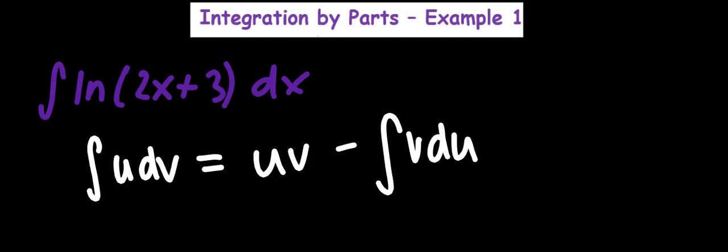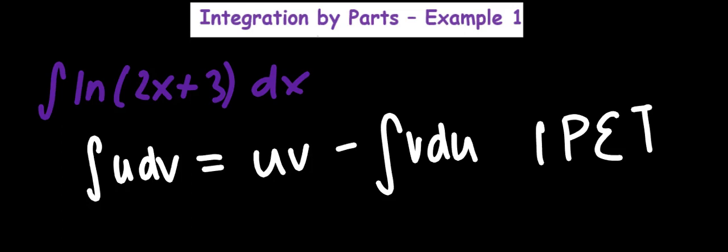To identify the correct u, there is an acronym called IPET. IPET stands for: I stands for inverse functions, P stands for polynomials, E stands for exponentials, and T stands for trigonometric. Inverse functions are always given priority. So if we have an integral with two functions and one of those two functions is an inverse function, that inverse function will be your u.